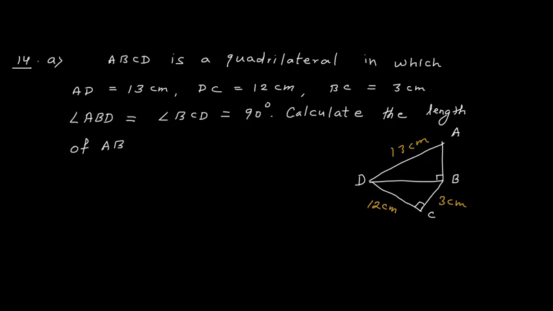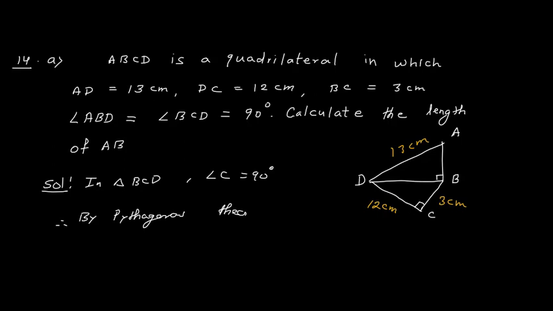So here in solution, if I take triangle BCD, in triangle BCD, angle C is 90 degree. Therefore, we apply Pythagoras theorem. And by Pythagoras theorem, we say that BD square, BD is hypotenuse. So BD square is equals to CD square plus BC square.